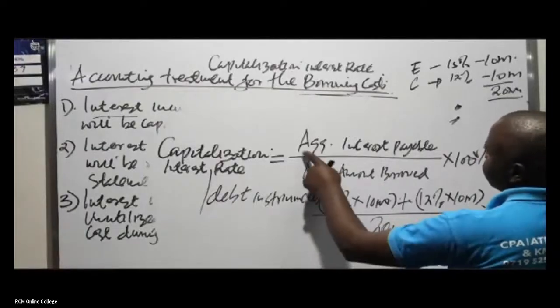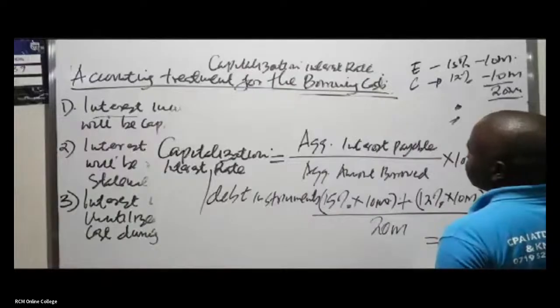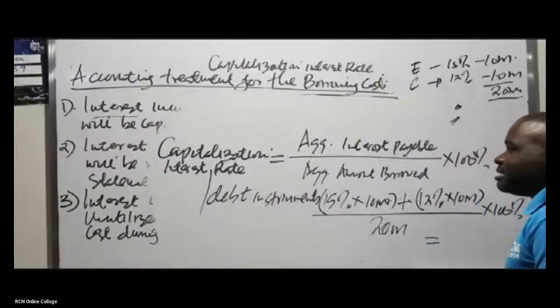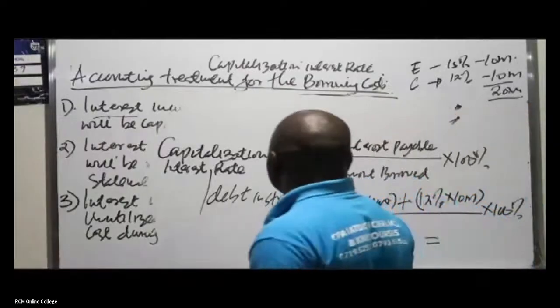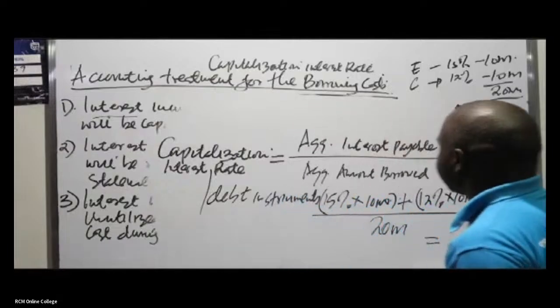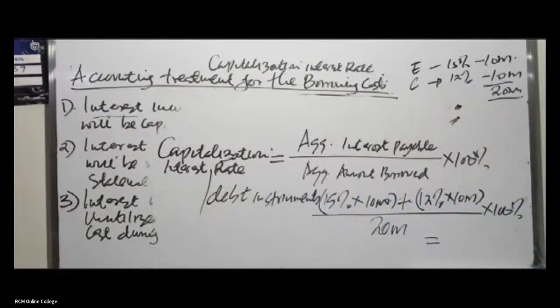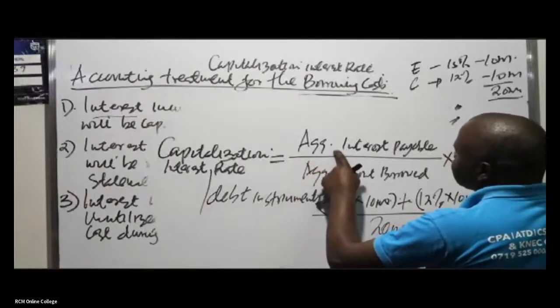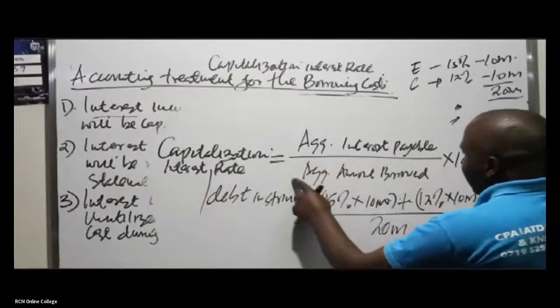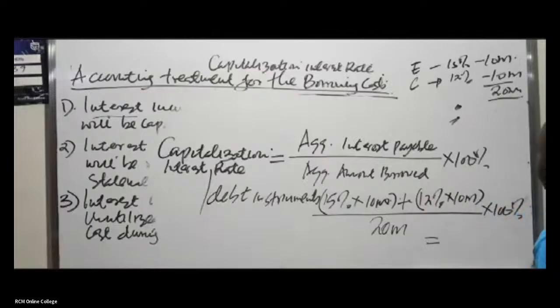So don't write the way I've written here, because you'll be looking at your notes and wondering what is ag. You're revising, it is 2 minutes to the exam, you want the formula and you see ag, and you don't even know what ag is. So you need to write in full: aggregate interest payable over aggregate amount borrowed, multiply by 100%.